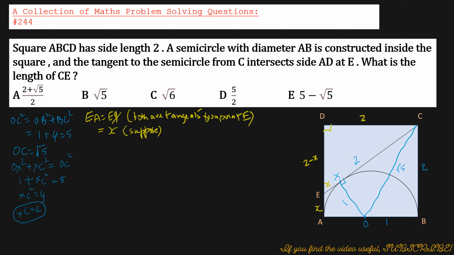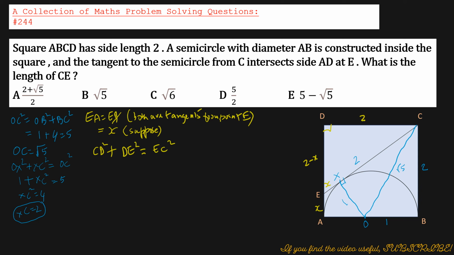So we can form the Pythagoras equation, that is CD square plus DE square equals EC square, right?